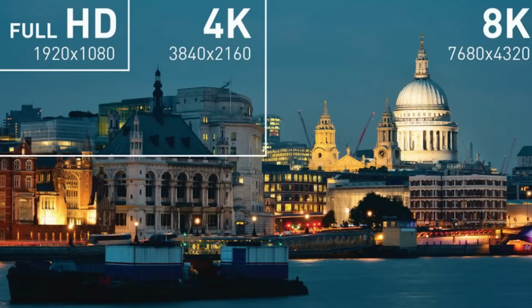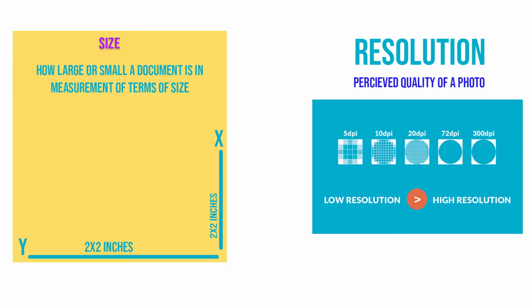Though PPI largely refers to screen display, it does play a small role in the print size of your design and thus the quality of the output. That's why it's confusing. However, let me explain, because we don't want to get size and resolution confused. Okay? We don't do that here.